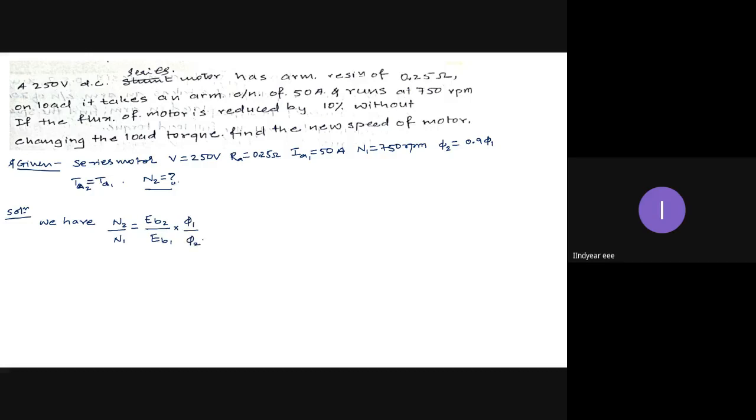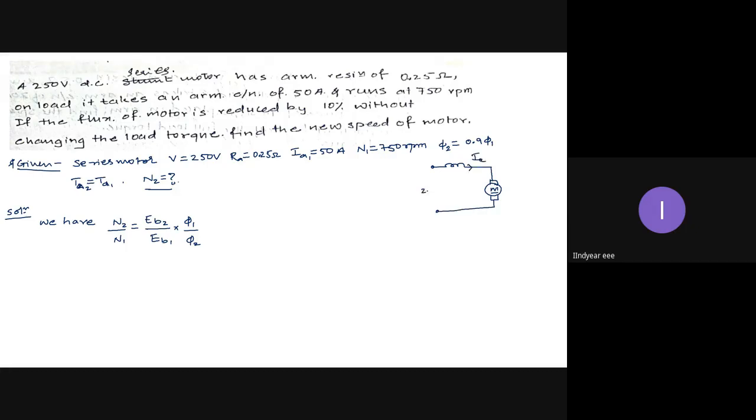This is the fundamental relation we have. And here this is a series motor. Let me draw a series motor first. The flux will be directly proportional to the armature current or the line current.